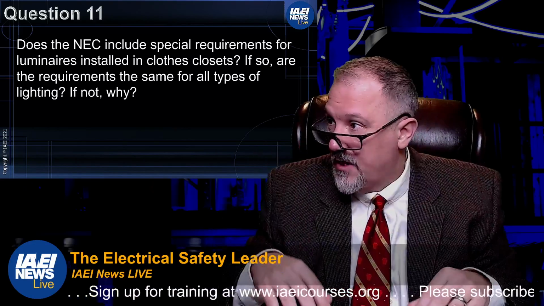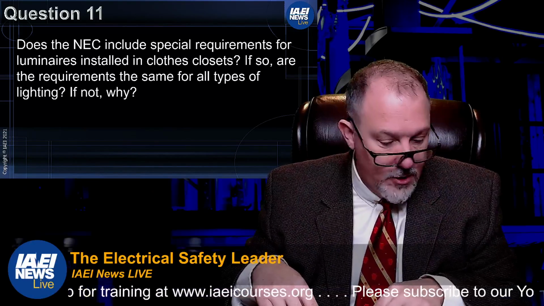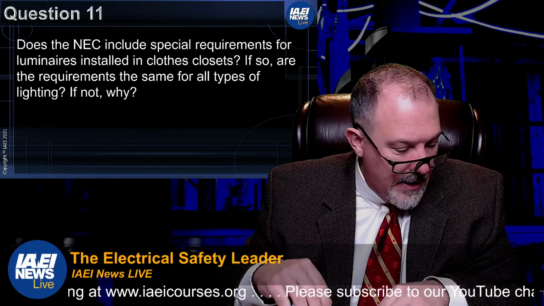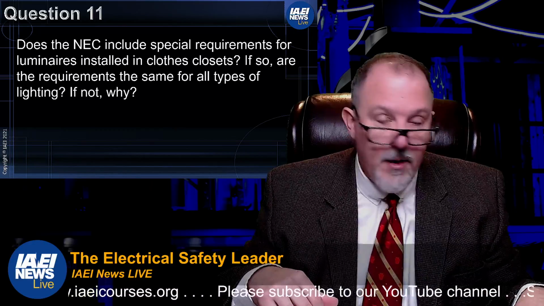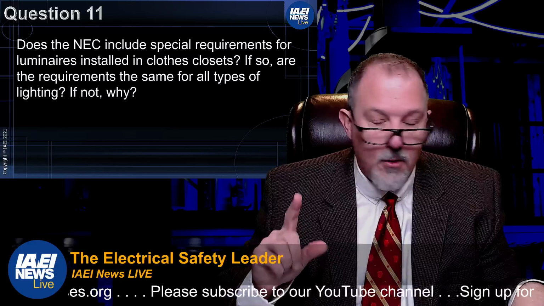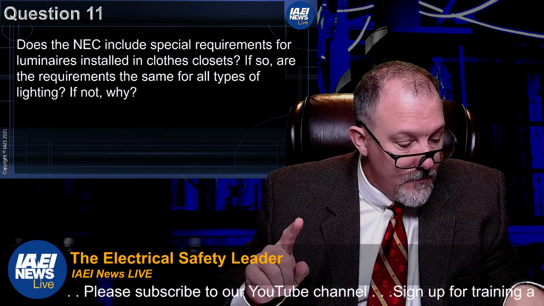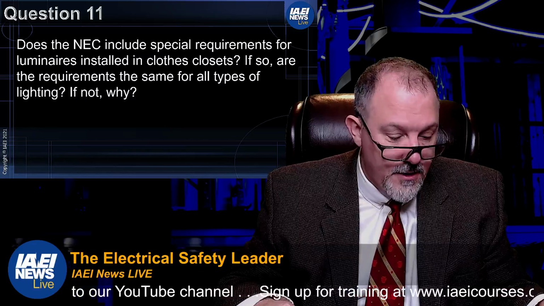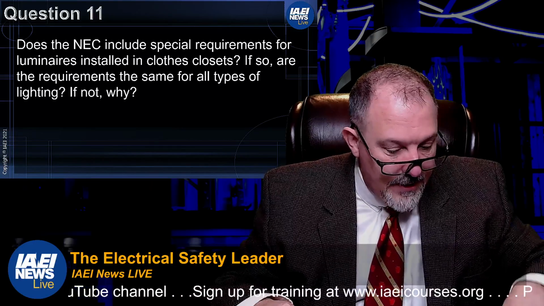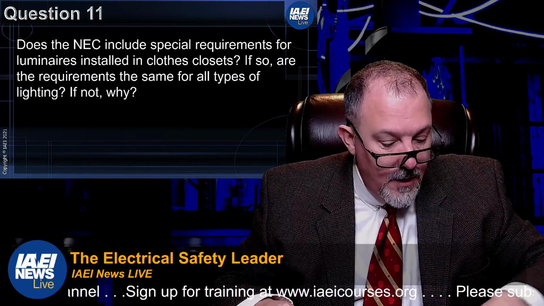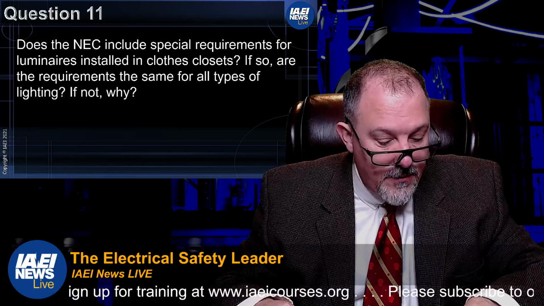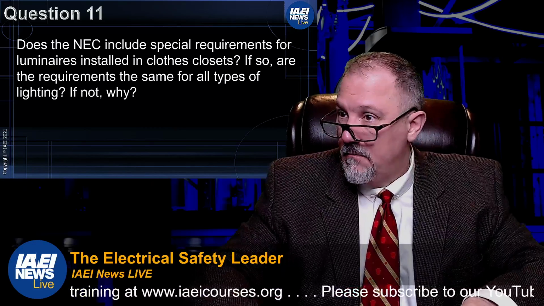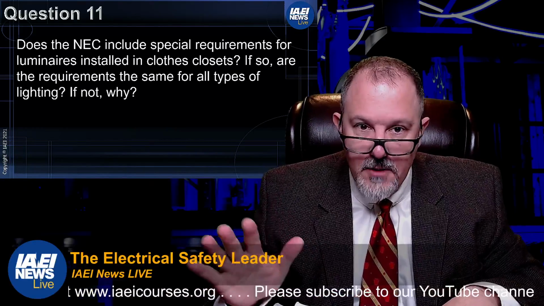Now, special requirements for luminaires installed in closed closets. So I would be still looking in luminaire locations, part 2 of Article 410, I would assume. 410.10 is luminaires in specific locations. And if I go down through that list, luminaires near combustible materials. Doesn't say closed closets, but I know I have combustibles.